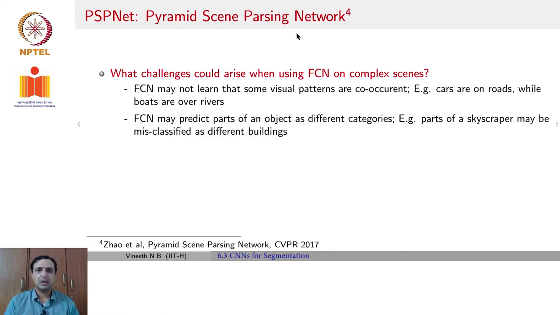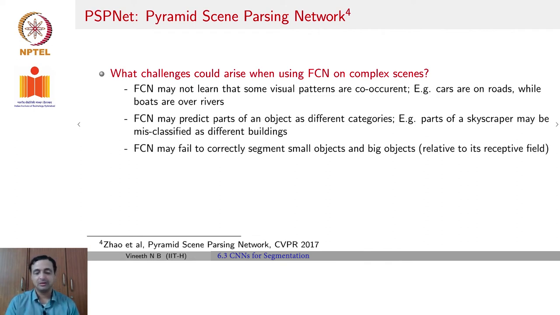FCNs can also predict parts of an object as different categories. For example, it can look at a skyscraper and think pixels belong to different buildings because of the sheer scale of that object. Thirdly, FCNs could fail to detect large objects or small objects depending on the architecture and the receptive field employed in the architecture.